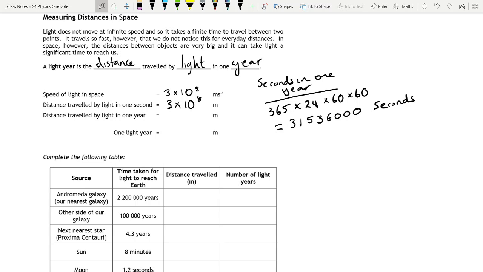So there's not a lot of space where we have to write the distance traveled by light in 1 year. It's 3 times 10 to the 8 times this number here: 3, 1, 5, 3, 6, 0, 0, 0.